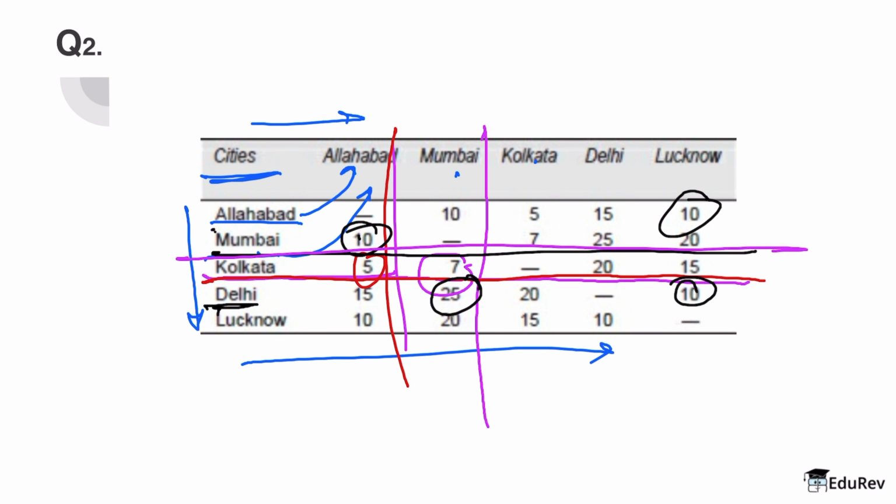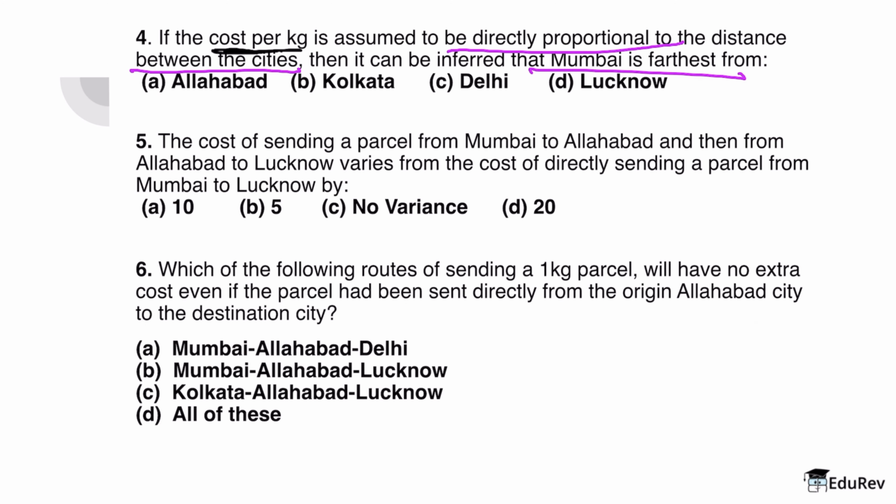It is farthest from, I would say, Delhi, because it involves the greatest cost, and cost is proportional to distance. So it's Mumbai to Delhi, I would say. Correct. So this is 25. So Delhi.